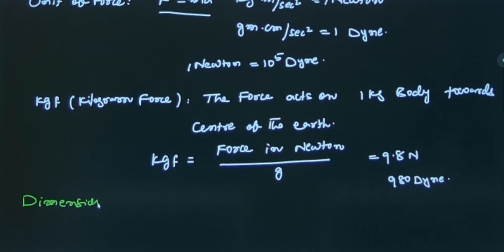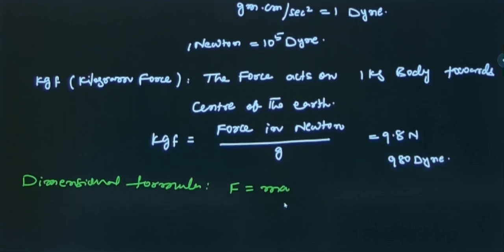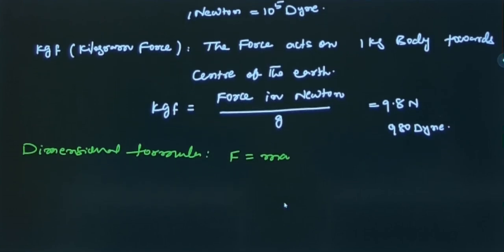So you know already the dimensional formula. What is the dimensional formula? F is equal to m into a. So the dimensional formula of F is equal to the dimensional formula of m times the dimensional formula of a.